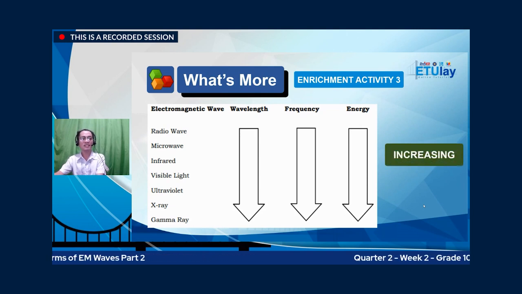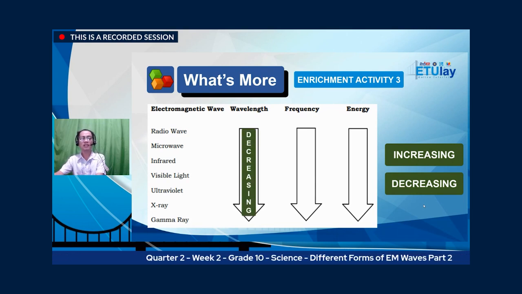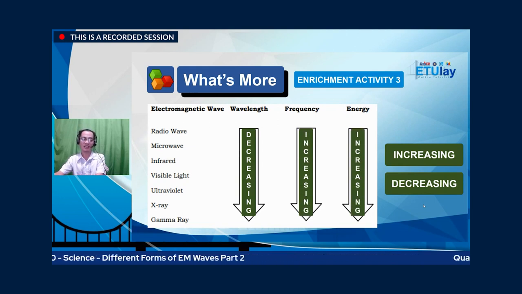Tandaan natin, sa wavelength, ang trend ay decreasing. Sa frequency naman, ito ay increasing. Sa energy, ito naman ay increasing. I hope we have the same answers on this activity.